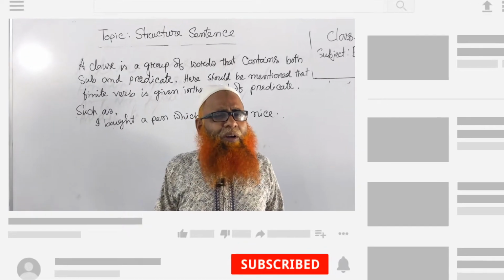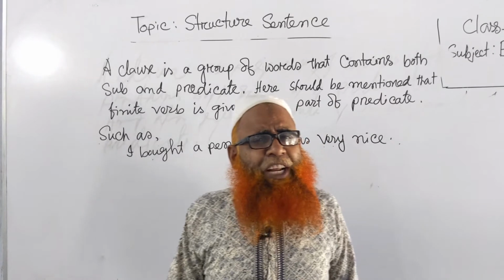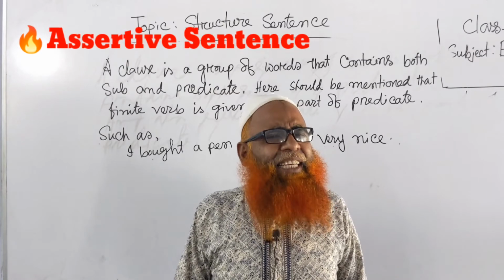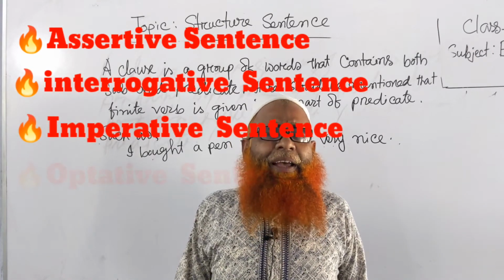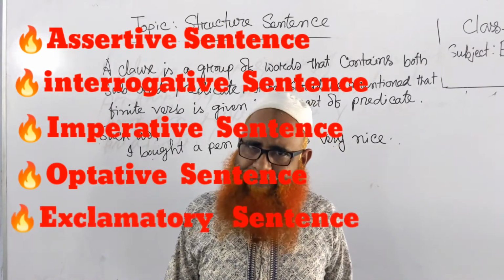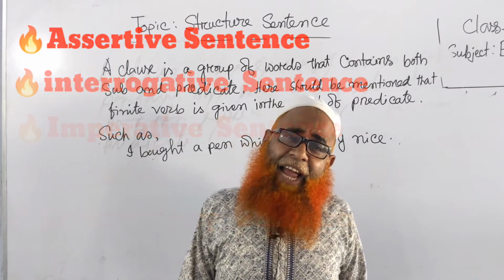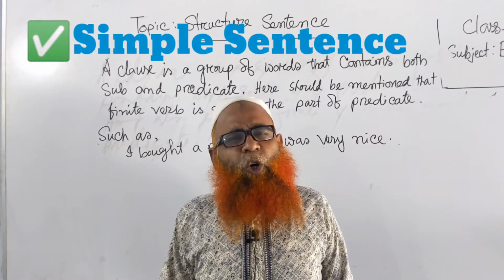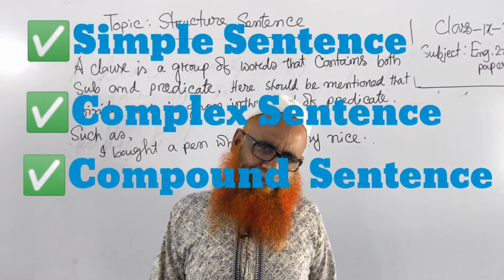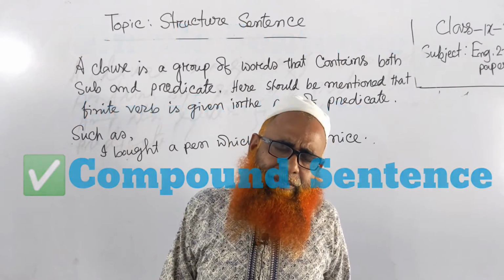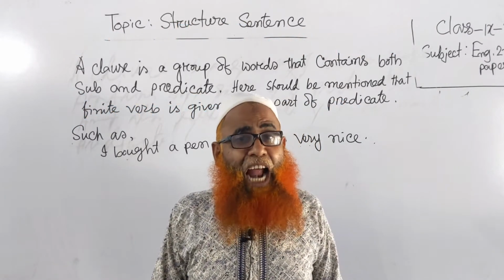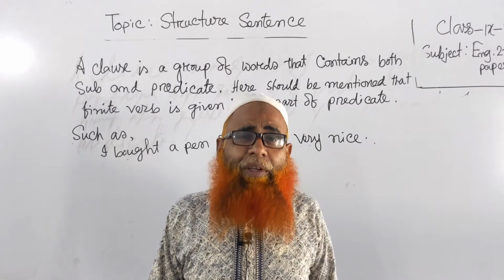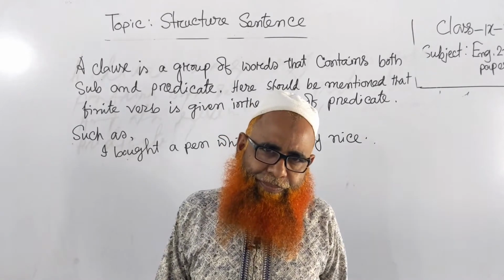You know, according to the meaning, there are 5 kinds of sentence: assertive, interrogative, imperative, optative, and exclamatory. And according to the structure, there are 3 kinds of sentence: simple, complex, and compound. Dear my students, before learning structured sentence, you have to know about the clauses.